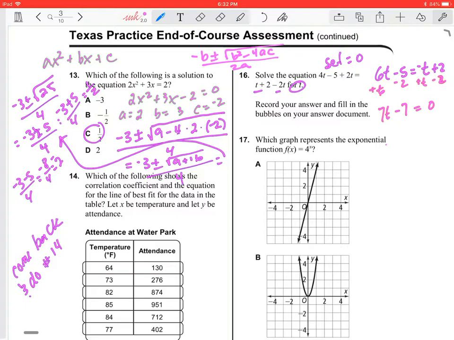This is just like a normal two-step equation, not a quadratic. So I'm going to add 7 to both sides. That gives me 7t is equal to 7. Divide by 7, divide by 7. So t is equal to 1.